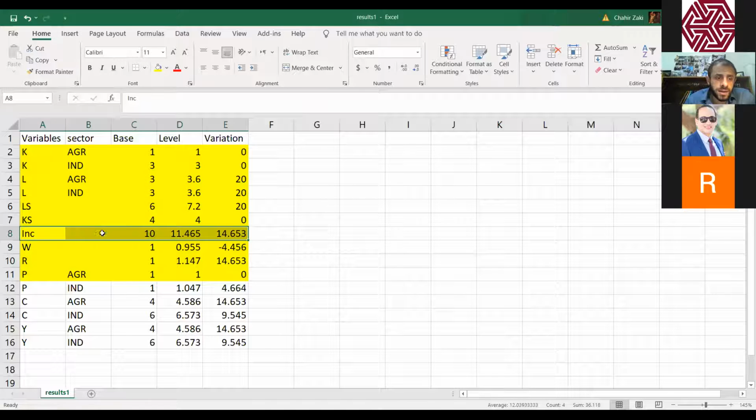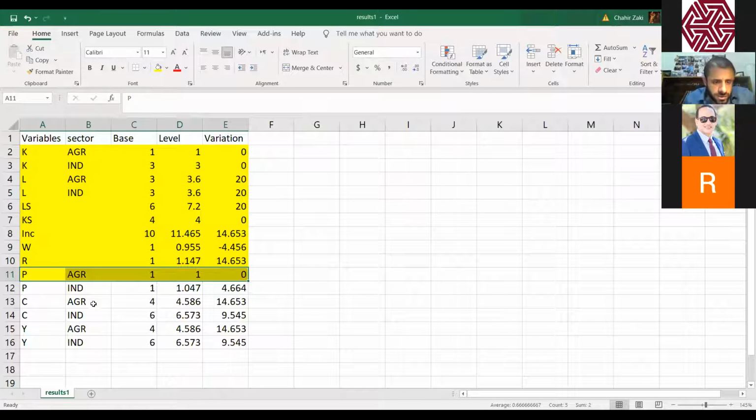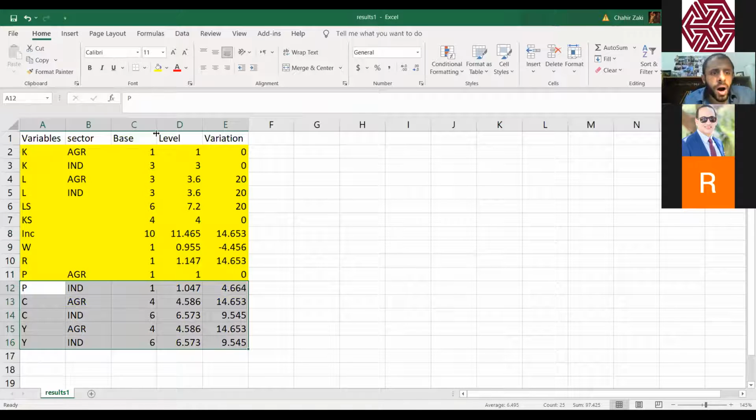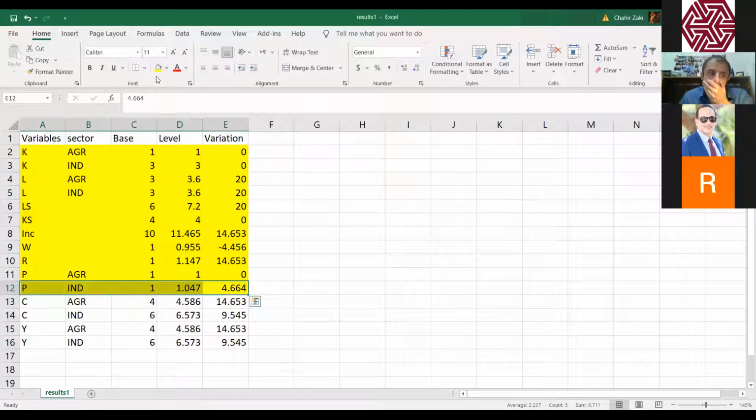Bearing in mind that prices of agriculture are constant, but the prices of industry will increase. So now the most interesting part is this one. Why do we expect an increase in the price of industry? What do you think? I think because agriculture is more intensive in labor.